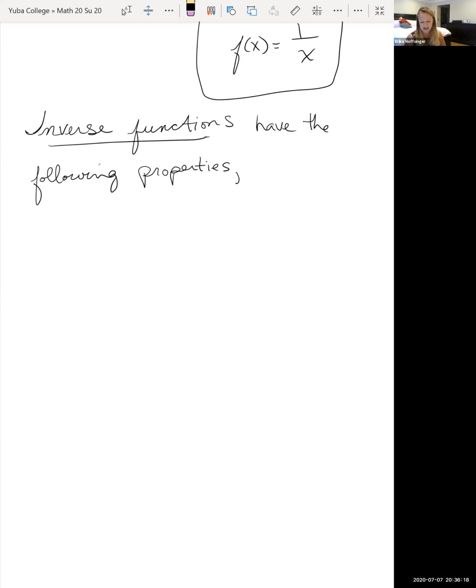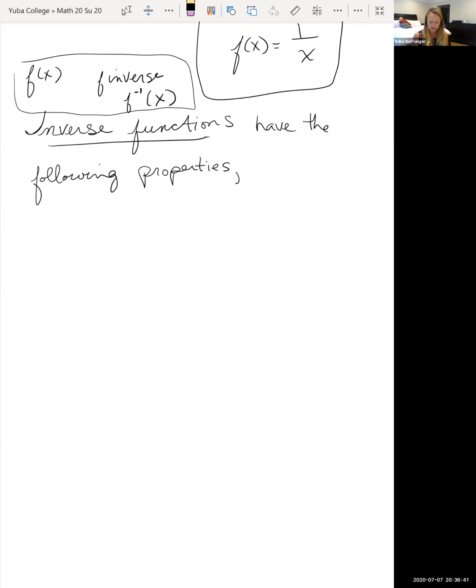Notation-wise, if we're looking at the inverse of f of x, then f inverse is written with f with a little, looks like a -1 exponent, of x. It doesn't mean the negative exponent. I just needed to have that notation now.